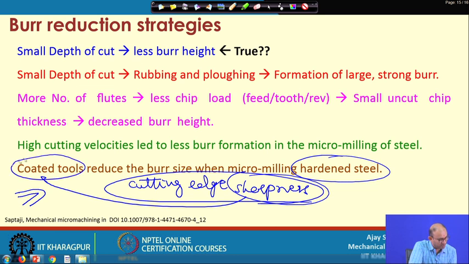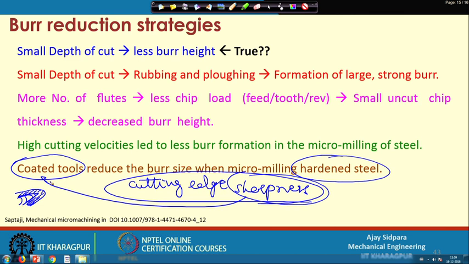By coating the cutting tool, we are protecting the cutting edge from very high wear. That is the reason that when you want to machine hardened steel, it is better to use a coated tool. Without a coated tool, your cutting edge becomes dull very quickly, and then you go into rubbing and plowing mechanisms, and that is not good for a proper machining operation.